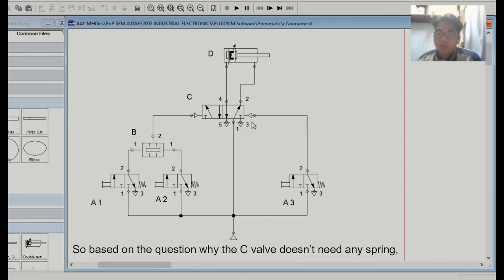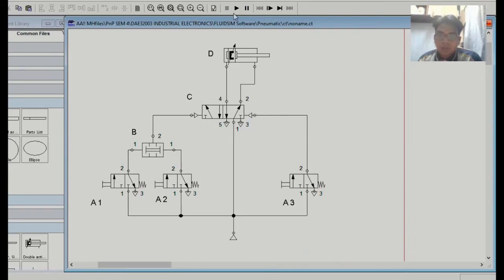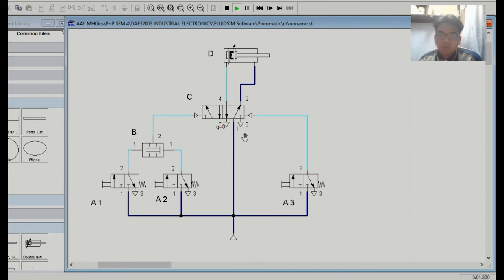Based on the question of why the C valve doesn't need any spring, let's run the system.